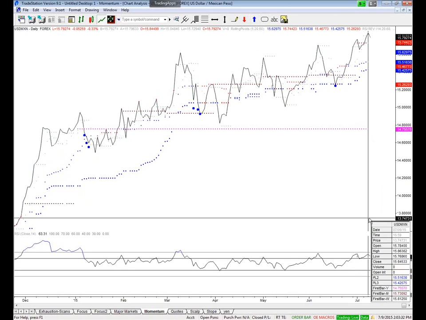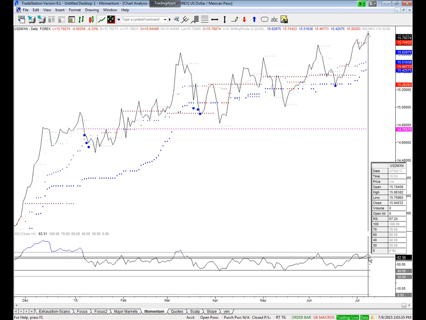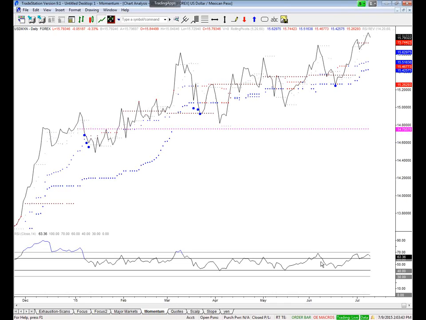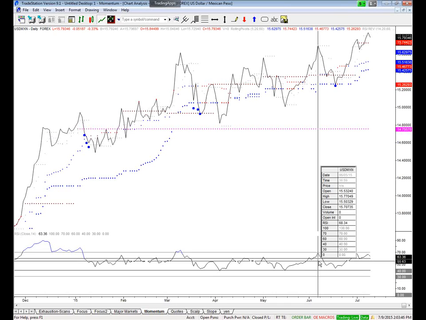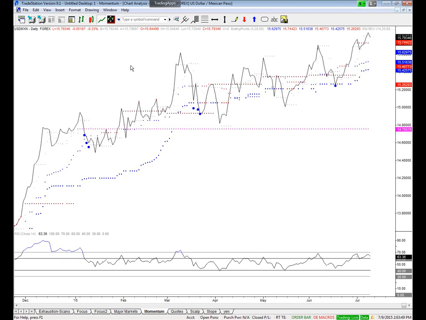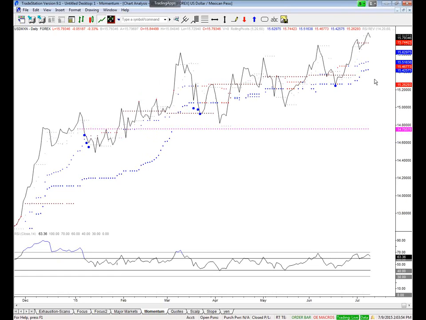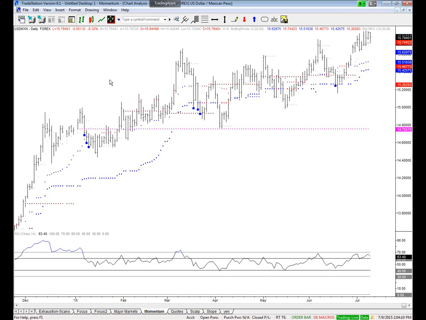All right, so we've got divergence here with 67.20, 67.60, 68.34. So this is divergent with this and this, and divergent with this and this. So dollar mex is looking awfully toppy, right? And it's at resistance, so we'll see how it plays out.